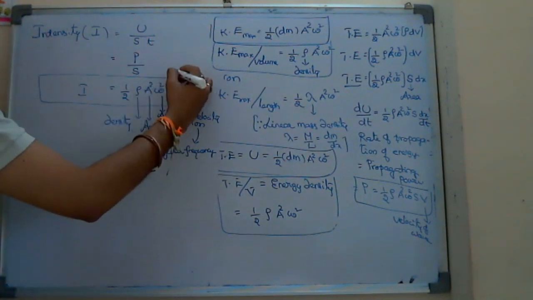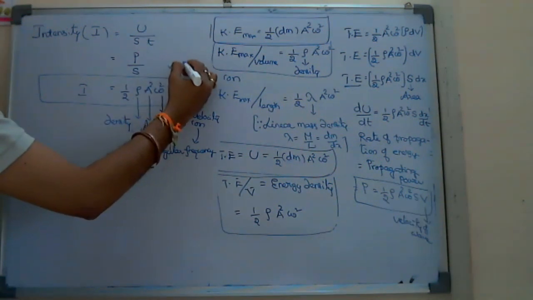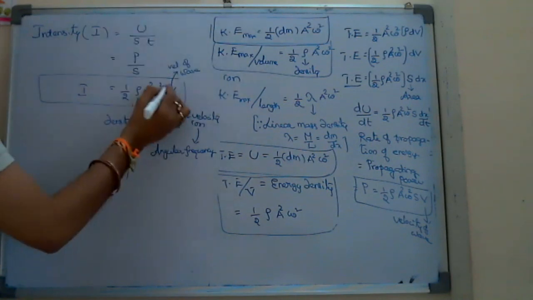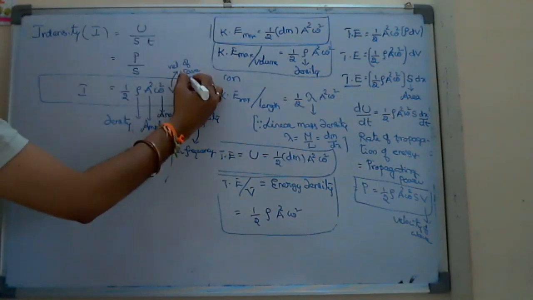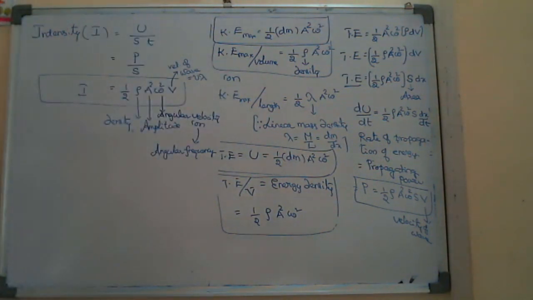And here once again I am telling, don't get confused. V is velocity of not particle, but wave. Here if you want V, you can write it as mu into lambda. Mu is the frequency, lambda is the wavelength.